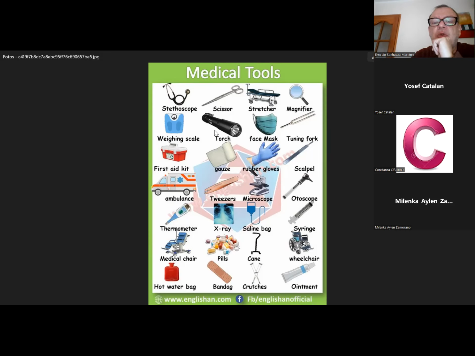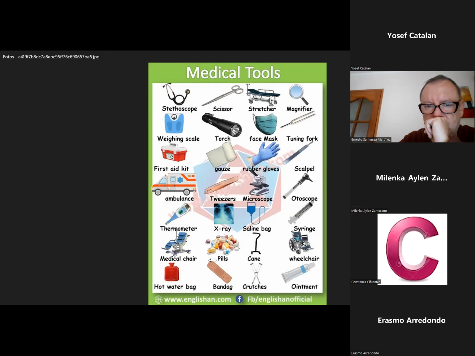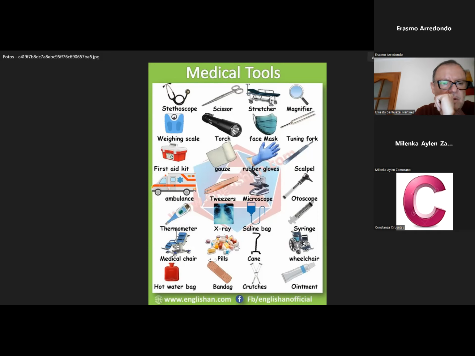What about this, Erasmo? Gauze. What the hell is that? To protect an area that is wounded, or clean the area that is wounded as well. Yeah, I like it. To protect the area that is hurt or wounded.